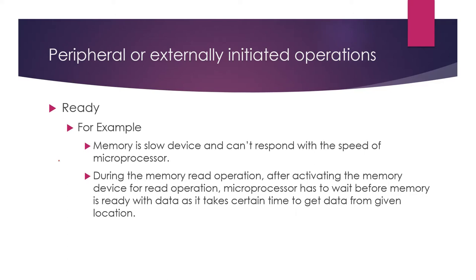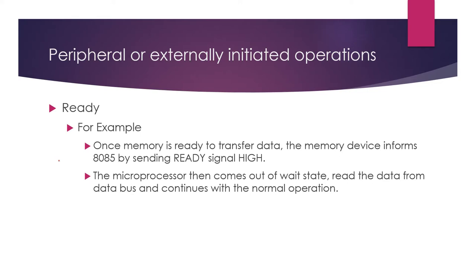So during a memory read operation, after activating the memory device for the read operation, the microprocessor has to wait before memory is ready, because it takes certain time to get data from the given location. Once memory is ready to transfer data, the memory device informs the 8085 by sending the ready signal high.